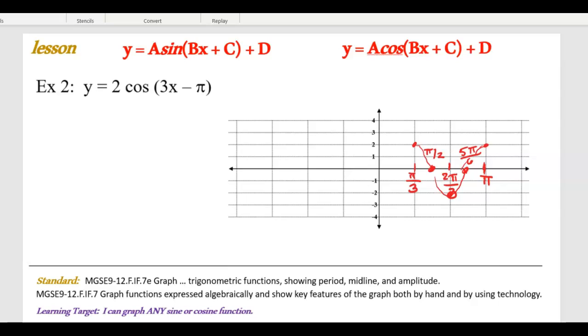And remember, you can find more using the pattern. Okay, but I'm concerned with one full period. Okay, so cosine is down, up, down. Okay, so did you plot 5 exact points? Yes. Did you label 5 values on the x-axis? Yes. And then that's it. You got your graph. Full credit.